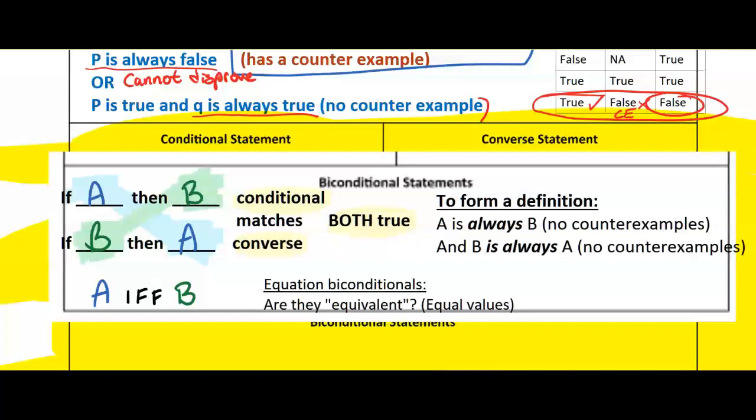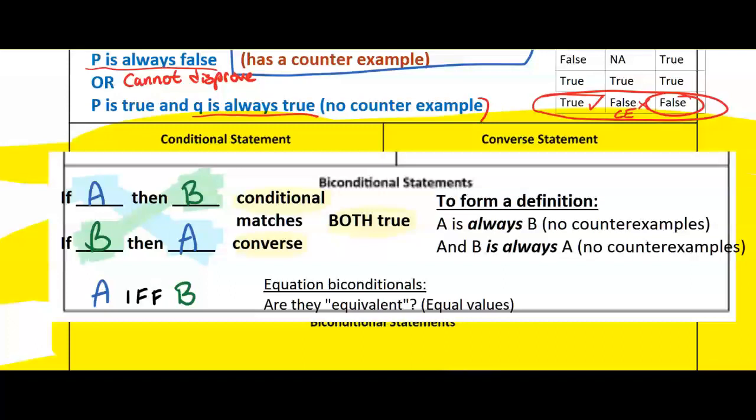And for this to form a good definition, I should be able to read it in my mind. A is always B, and B is always A. So if I tested a triangle is a shape with three sides. Does a triangle always have three sides?